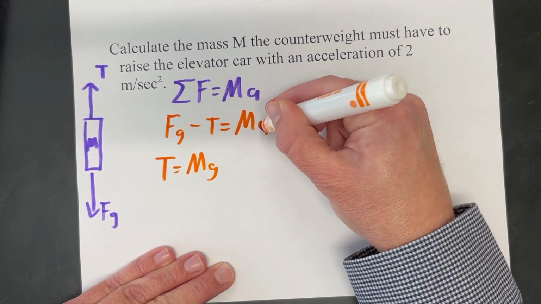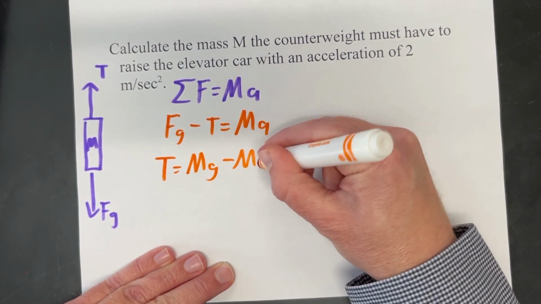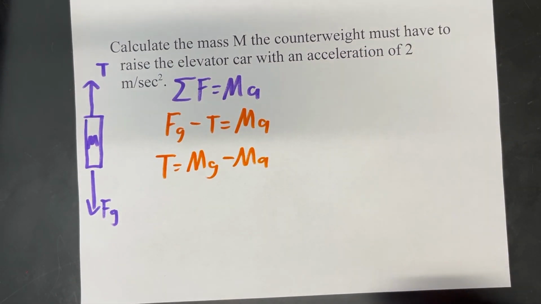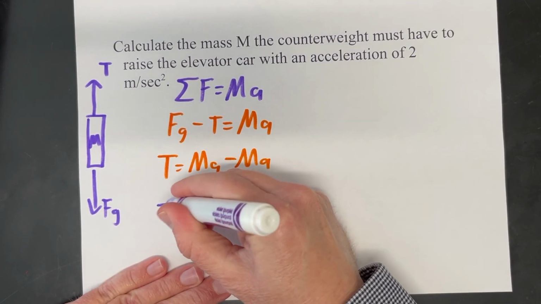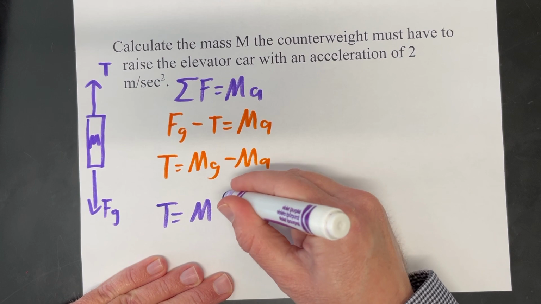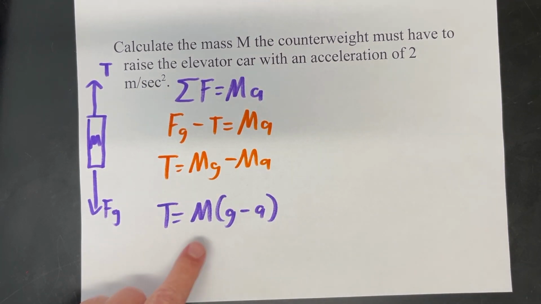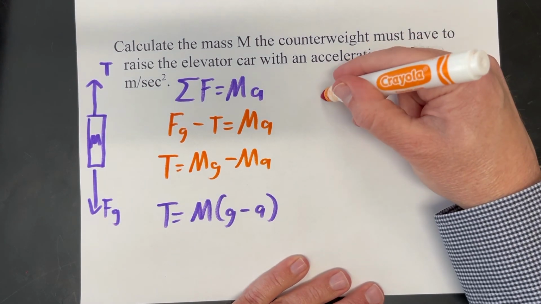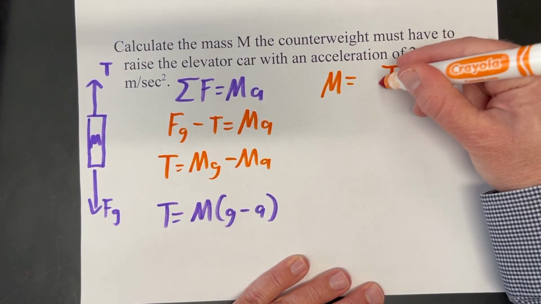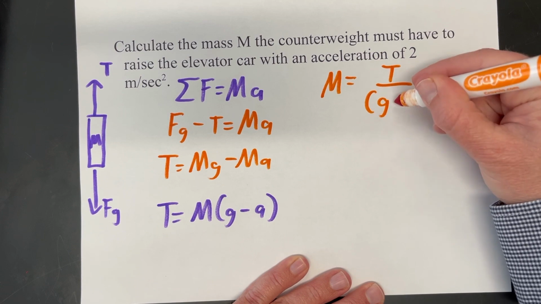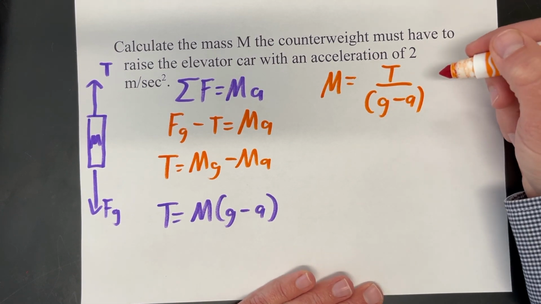Then I'm going to subtract this over to this side and add the tension on that side. So that is what we have now. Let me factor this mass out. So tension is equal to mass times the quantity of gravity minus acceleration. And so now we're almost there. We can see how we're going to get this mass. The mass is going to be equal to tension divided by the quantity of gravity minus acceleration.